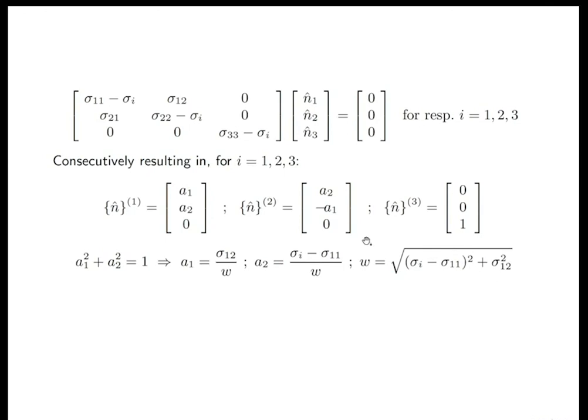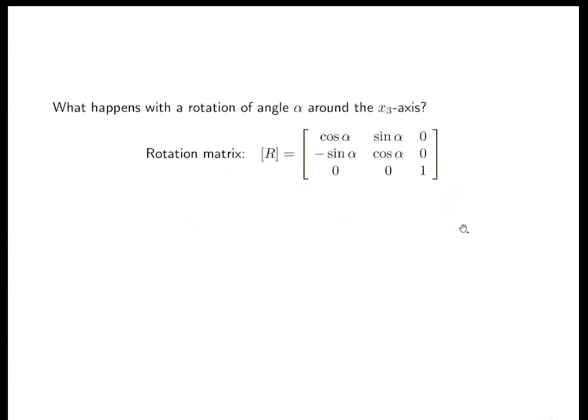Okay, now n3 is pointing in 3 direction, and n2 and n1 are somewhere in the 1, 2 plane. So that corresponds to a rotation around the 3 direction, and this is what is written here. So the transformation matrix, the rotation matrix, is a rotation around the 3 direction, and we are living in the 2-dimensional subspace, and cosine alpha, sine alpha is in principle what I showed before.